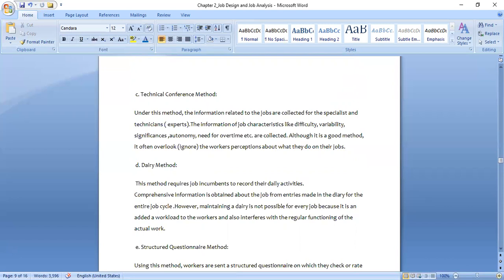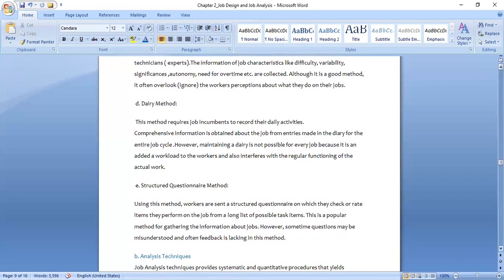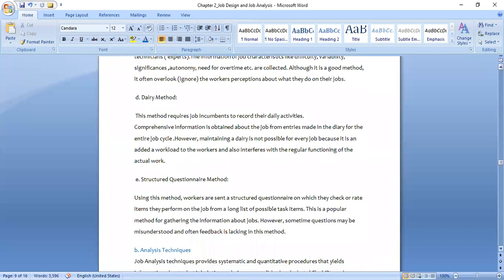Then also, these human resource practitioners can collect information on job design by using what we call the diary method, using a diary.